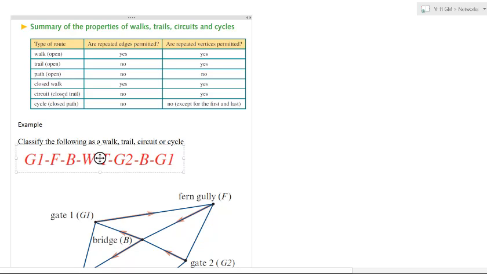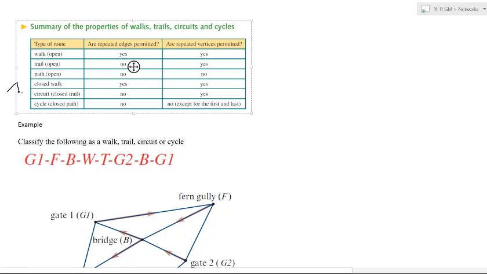A circuit is a closed trail. Repeated edges permitted, no. Repeated vertices permitted, yes, but it starts and ends at the same point. That's why it's closed. And a cycle has no repeated edges and no repeated vertices apart from the end.